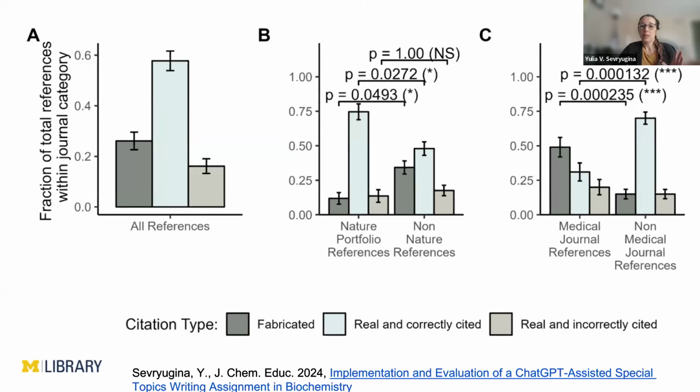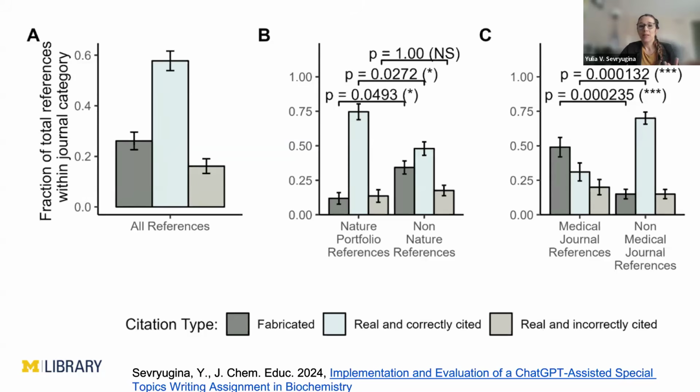And it was interesting when we looked at the type of references. So this is a biochemistry class, right? And students are writing more on the topic of nucleic acid biochemistry. So a lot of references, a lot of information on this type of topic are in Nature type journals.